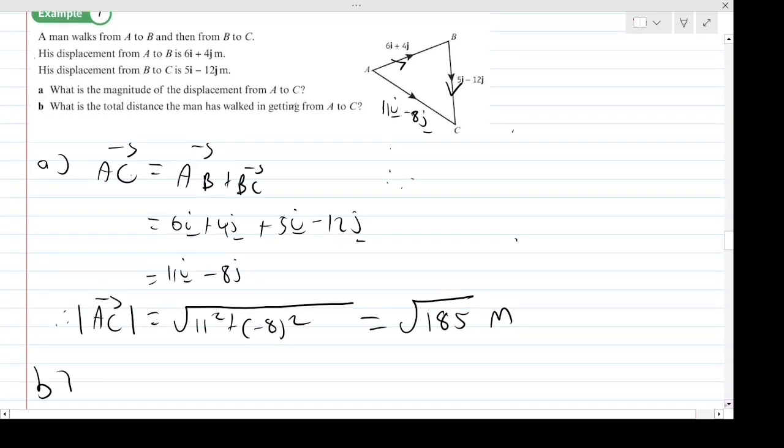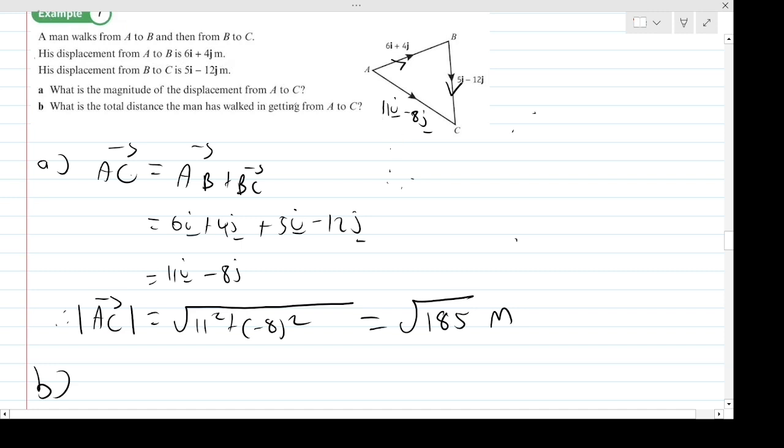Now, part B says, what is the total distance the man has walked in getting from A to C? Now, with that in mind, the total distance the man has walked from A to C would not be root 185, okay? Because in actuality, we're told up here that the man walks from A to B, then B to C. He did not walk from A to C directly.